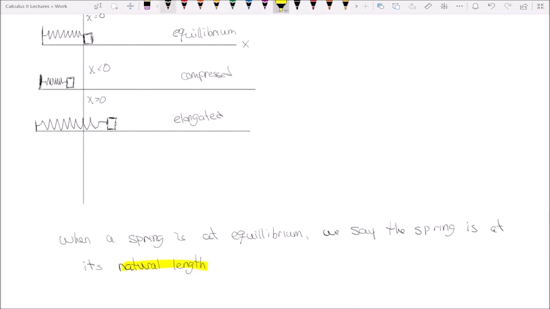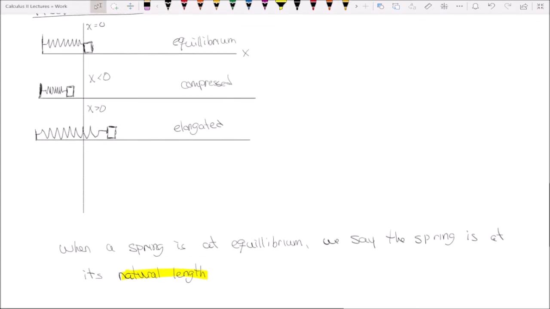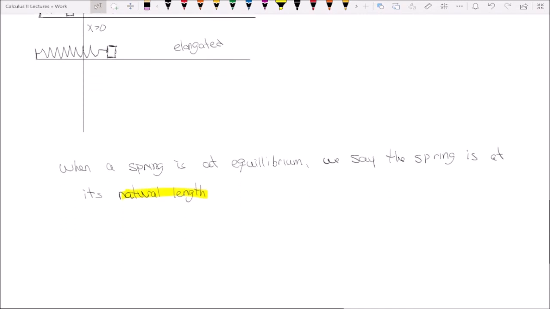So we treat the natural length of a spring as the length when it is in equilibrium. Obviously, if the spring is being compressed, we take x to be less than 0. When it's elongated, we take x to be larger than 0. Now, here's what Hooke's law says.